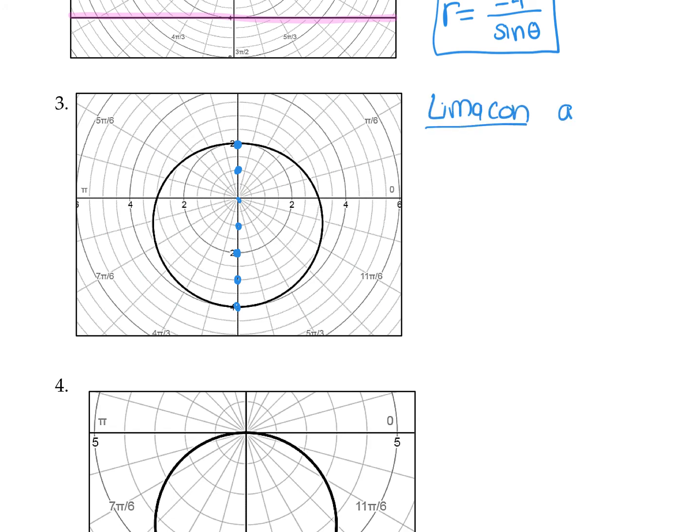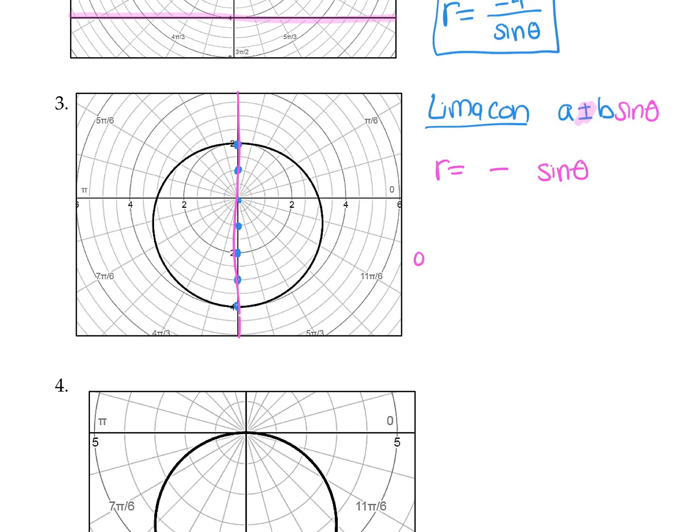And so that's going to follow the pattern of A plus or minus B, and then either sine or cosine. Since I can see that my symmetry is with the y-axis here, I know that this is going to be a sine theta. I also know that it's going to be negative because the majority of the limacon is below the pole. So my equation is going to be r equals something minus something sine theta.